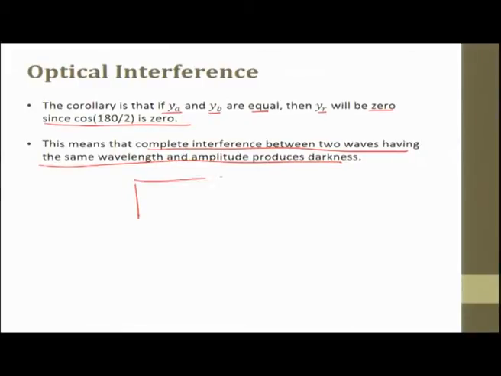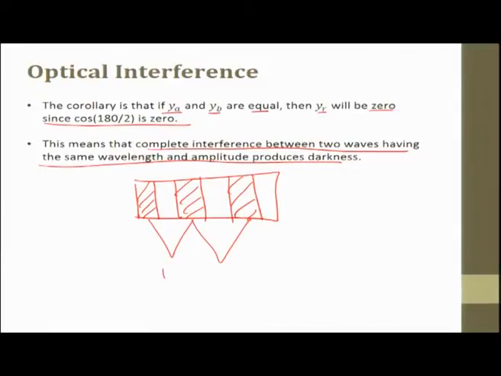So, when we talk about fringe patterns, we see a dark fringe, a white fringe, then dark, bright, dark, bright. These are dark fringe patterns where they are out of phase. So, complete interference between two waves having the same wavelength and amplitude produces darkness.